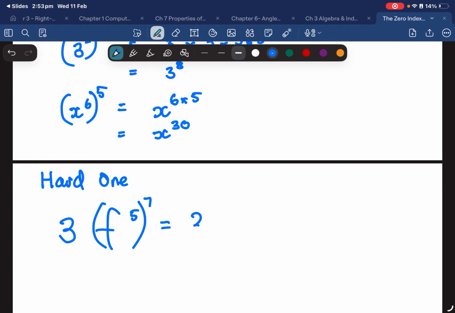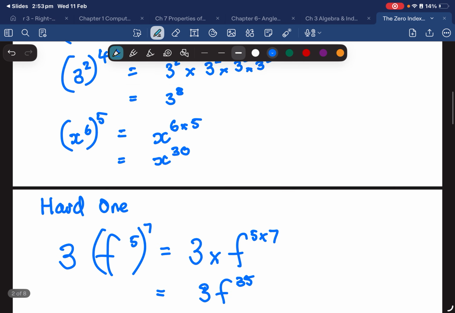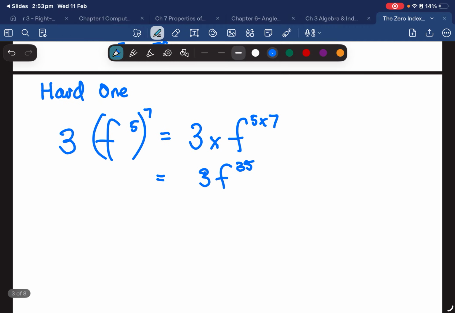So we've got 3 lots of f to the power of 5 times 7. So that 3 lots of is outside of the power. It's not actually raised to the power, so that means that we're going to have 3f to the power of 35. That's a hard one, okay? As you can see, they don't always have really, really hard ones. Sometimes they got nice ones.